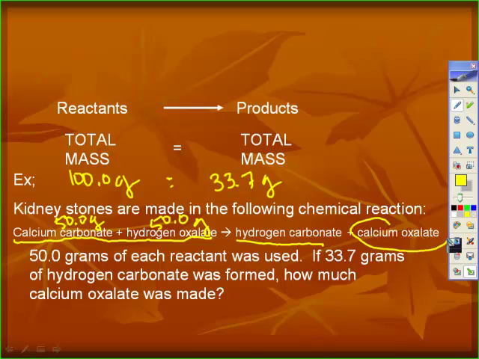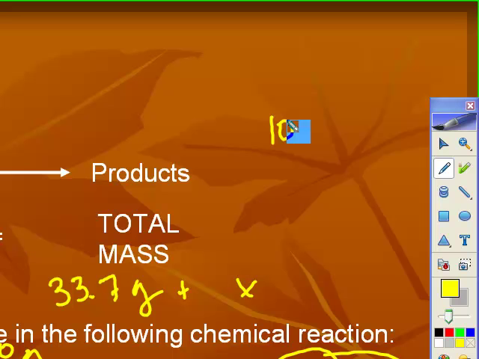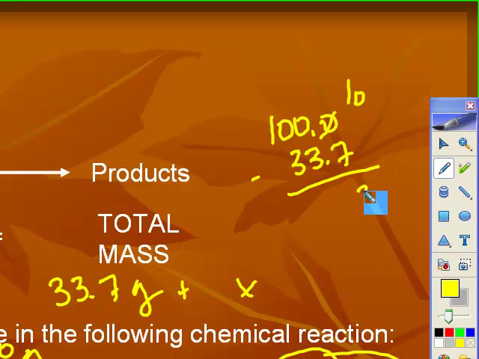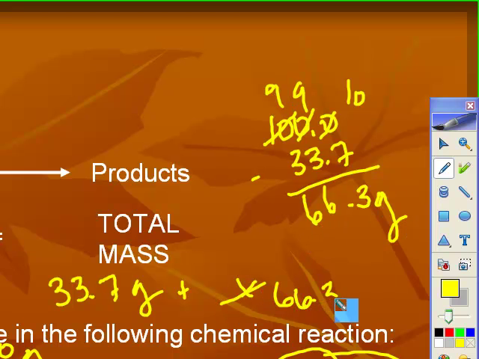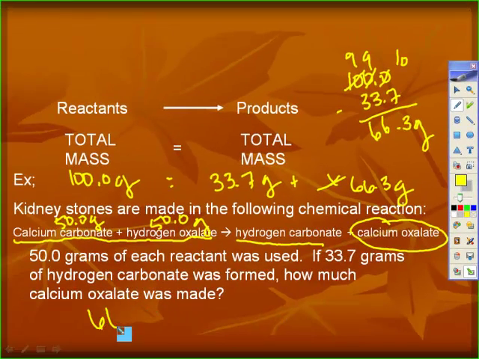Then it's asking how much calcium oxalate was made. Well, whatever it is, it better add up to equal 100, because the total mass of your reactants has to equal the total mass of your products. So if I subtract 100 minus 33.7, I get 66.3 grams. So I'm going to have 66.3 grams of calcium oxalate. And that would add up to 100.